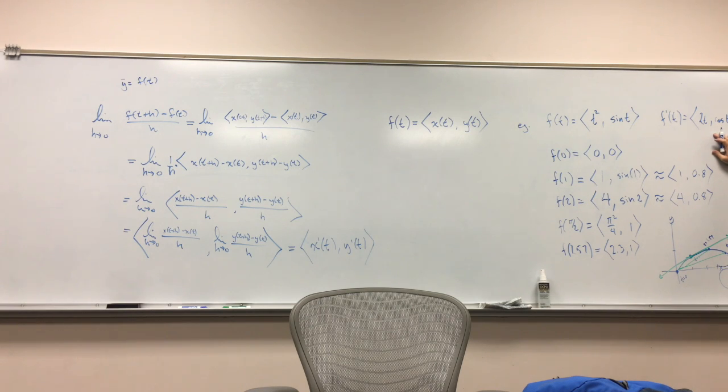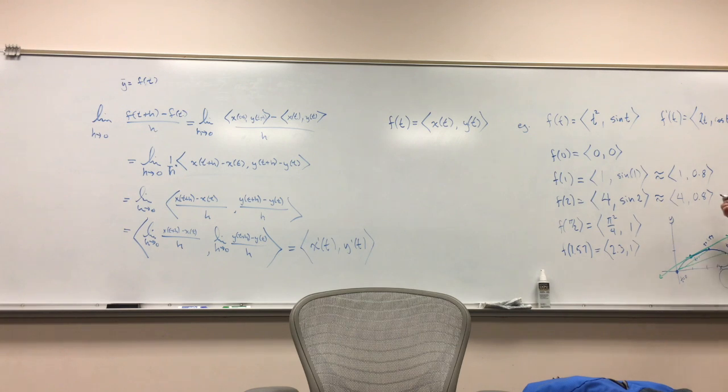This is the derivative of the vector valued function, but what does it mean? What does that give me? Tangent vector. What it gives you, yeah, it is kind of a tangent vector. Let's see what happens if I plug in 1, for example.